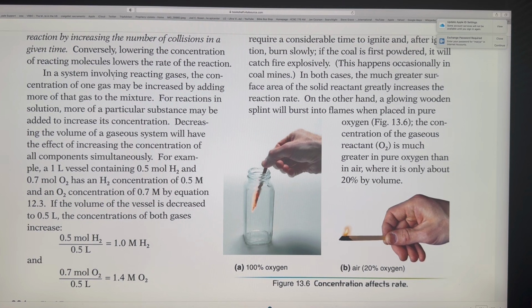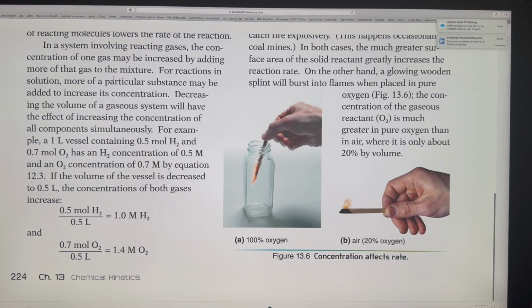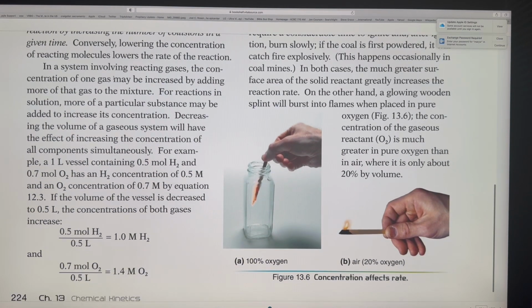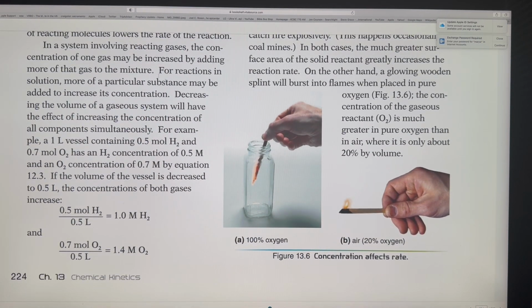This increases the area, and the same with the coal dust, much more area for the reaction rate to increase, right? On the other hand, a glowing wooden splint will burst into flames when placed in pure oxygen. That's what we had there. So the more gas is added, the more surface area, the faster the rate of a reaction. So that's kind of common sense, isn't it?